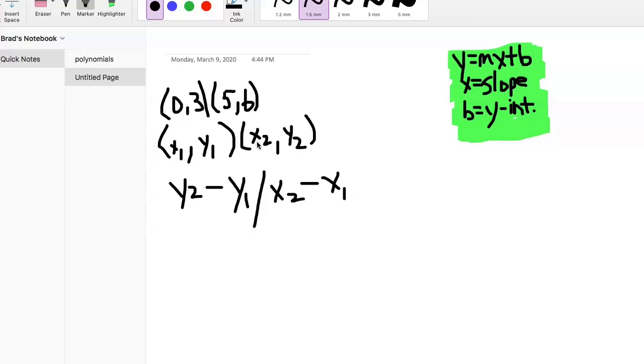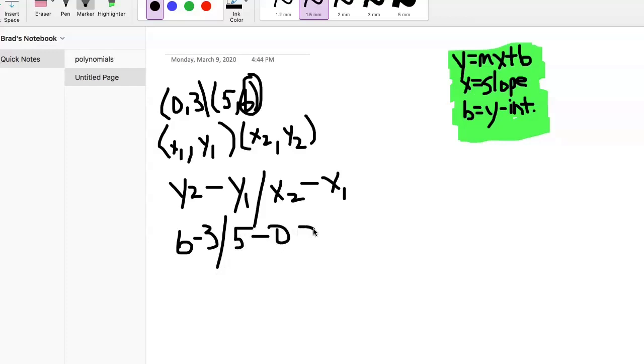For example, in (0, 3), 0 is x1 and 3 is y1. For y2 minus y1, y2 is going to be 6, right over here, minus y1, which is 3, divided by 5 minus 0, because x2 is 5 and x1 is 0.